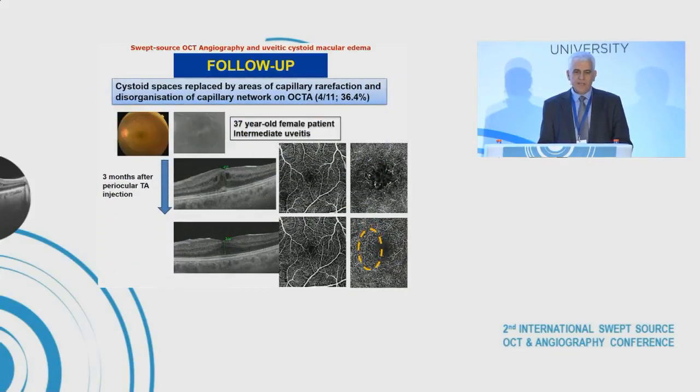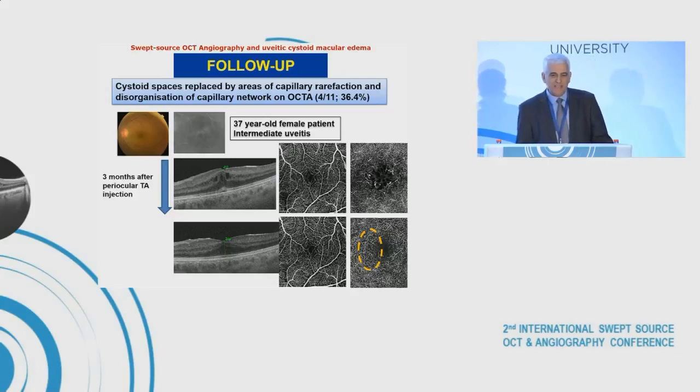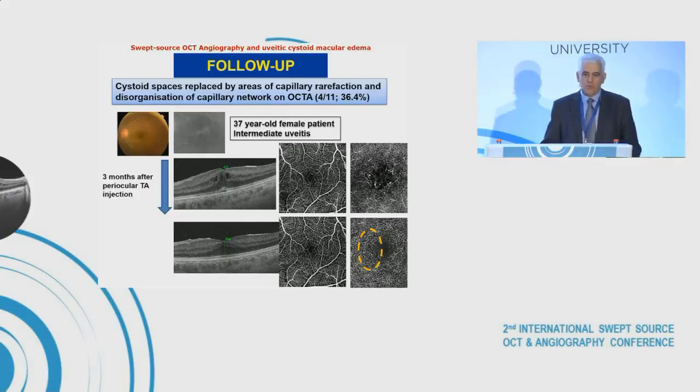Here, cystoid spaces are replaced by areas of capillary rarefaction and disorganization of the capillary network following the resolution of cystoid macular edema.